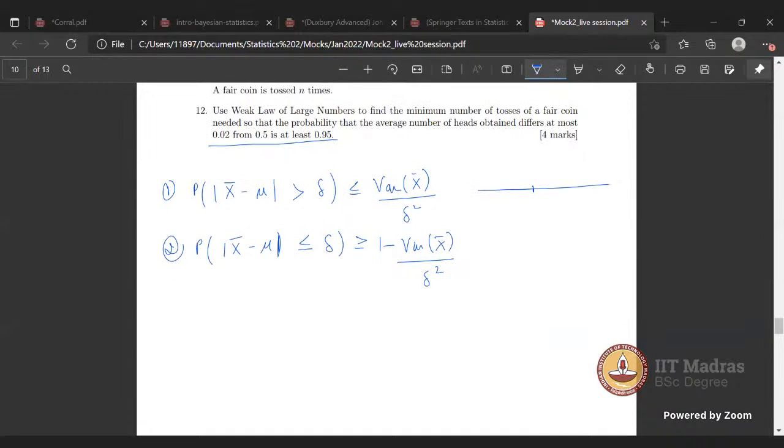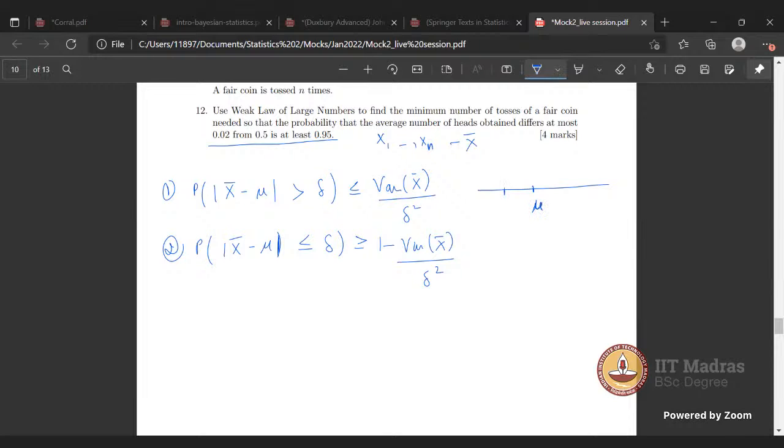The first expression says you have a set of IID random variables x1 to xn, x bar is the sample mean, and mu is the mean of the distribution x.